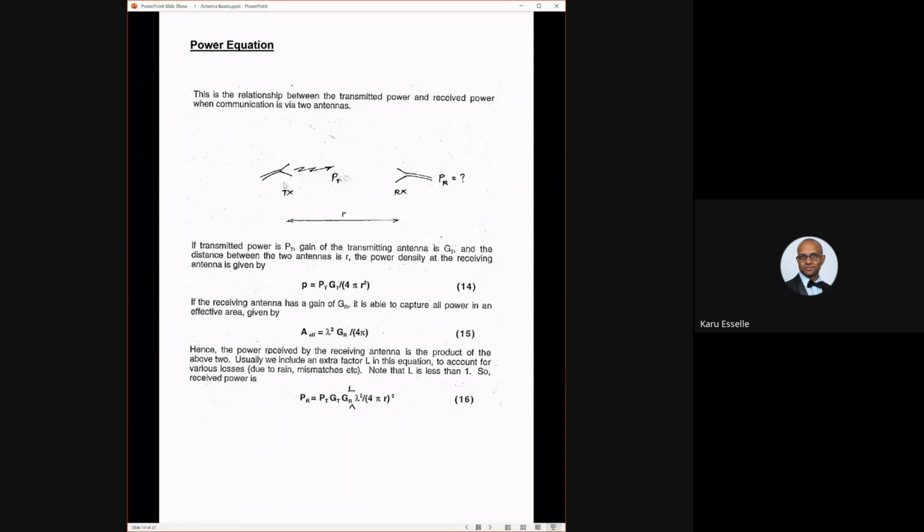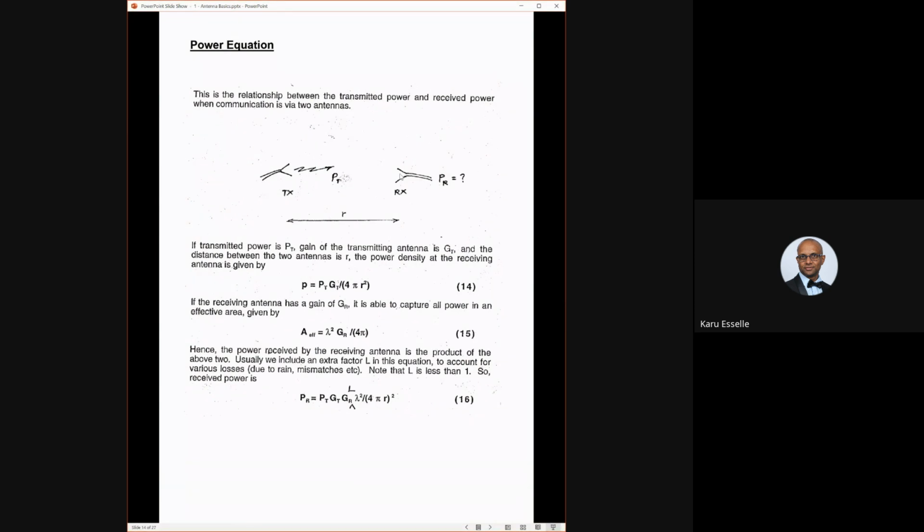For a moment, assume that the transmitting antenna is an isotropic radiator, not a directive antenna. And we are transmitting PT watts. That PT watts would go equally in all directions.